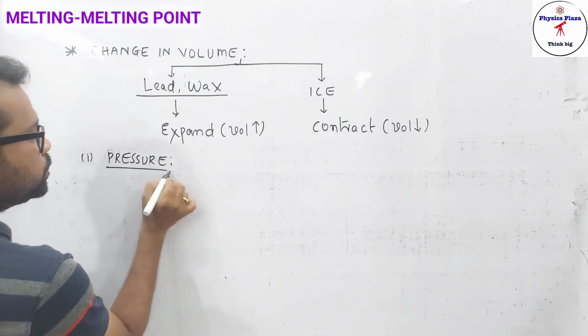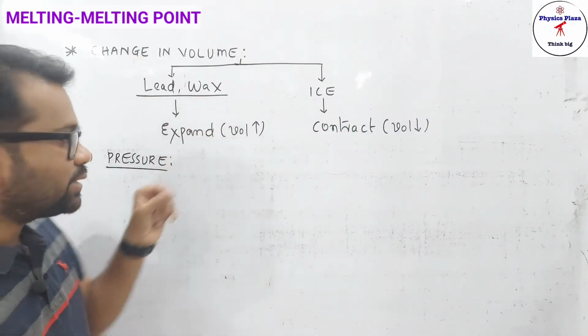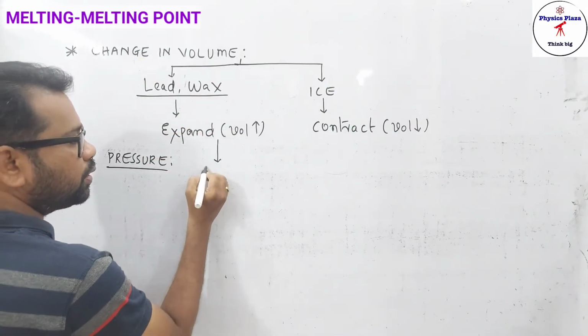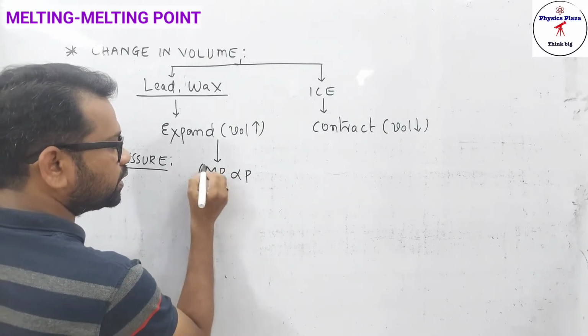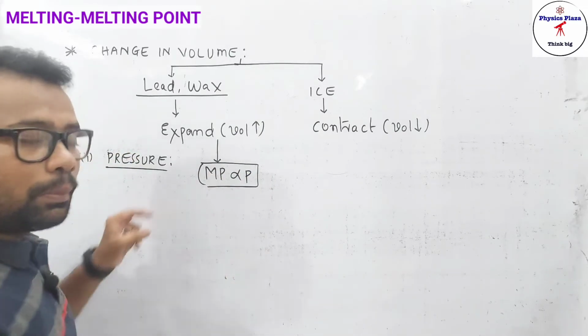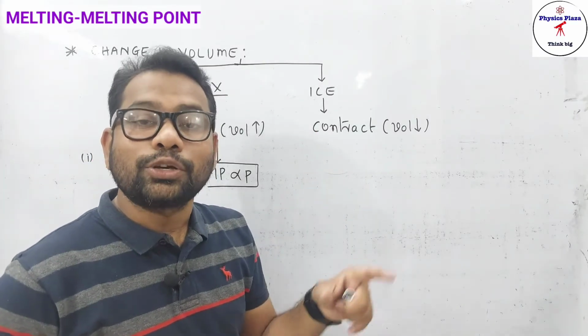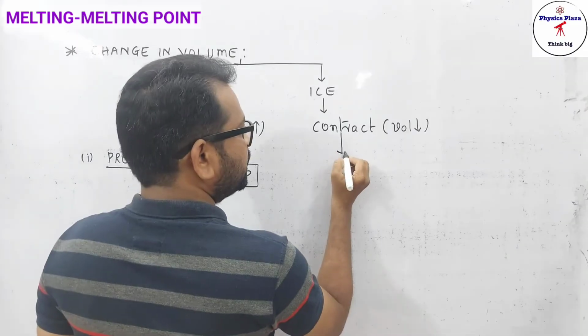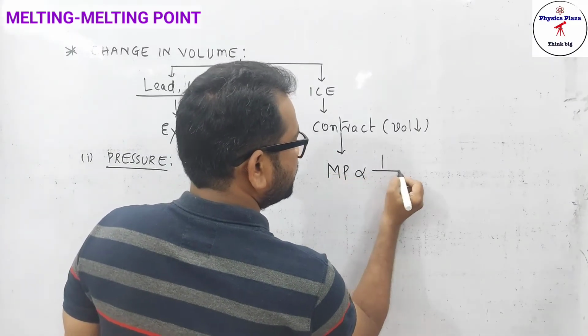In the case of substances which expand on heating, the melting point is directly proportional to the pressure. But in the case of substances which contract during melting, the melting point is inversely proportional to the pressure.